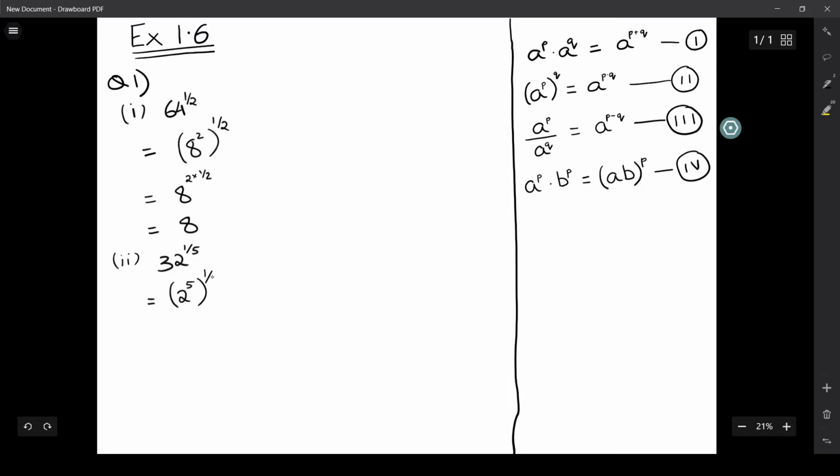Hence this equation becomes 2 to the power 5, whole to the power 1 by 5. Now using the same formula, formula number 2 again, over here we will get 2 to the power 5 into 1 by 5. And the powers cancel themselves out, and we're left with just 2.